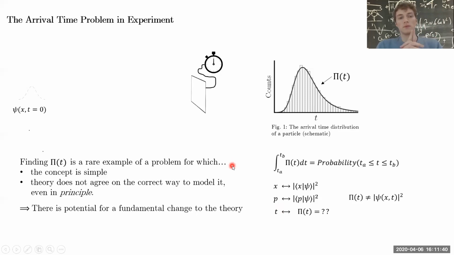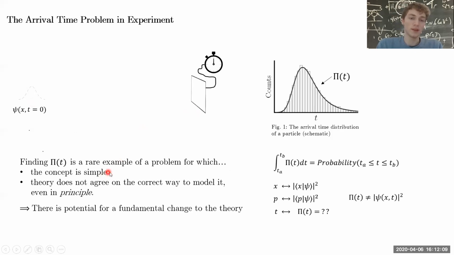Now let me give just some background on why I'm excited about this problem. So first of all, the concept of the problem is very simple. You start with a particle in an initial state. It reaches the detector, you record the time, and you just repeat that experiment many times.